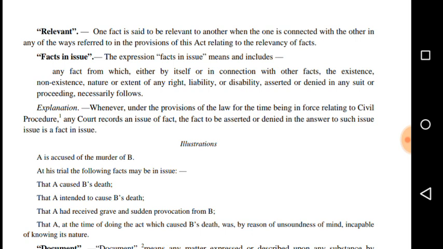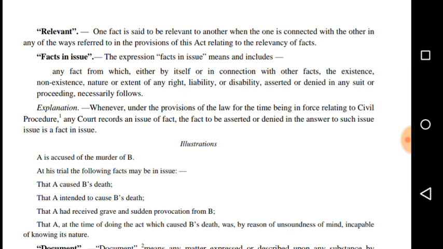Fact 1 may be said to be related to fact 2, or connected to fact 2, or relevant to fact 2, when fact 1 is connected with fact 2 in any of the ways referred to in the provisions of this Act relating to the relevancy of facts. The ways are referred to in chapter 2, relating to the relevancy of facts.